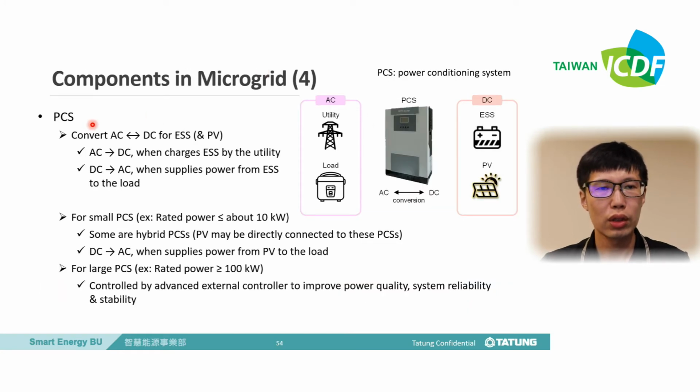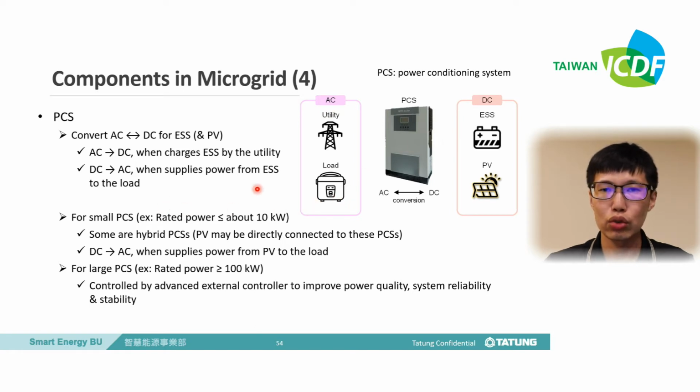And the next component is the PCS. The PCS is the machine that can convert AC to DC or convert DC to AC for the ESS or maybe a PV, and it will convert AC into DC when we want to charge the ESS by the utility, and it will convert DC to AC when we want to supply power from the ESS to the load.